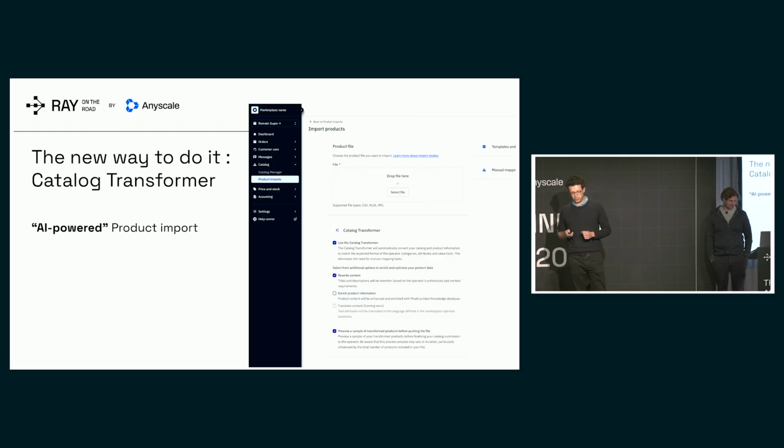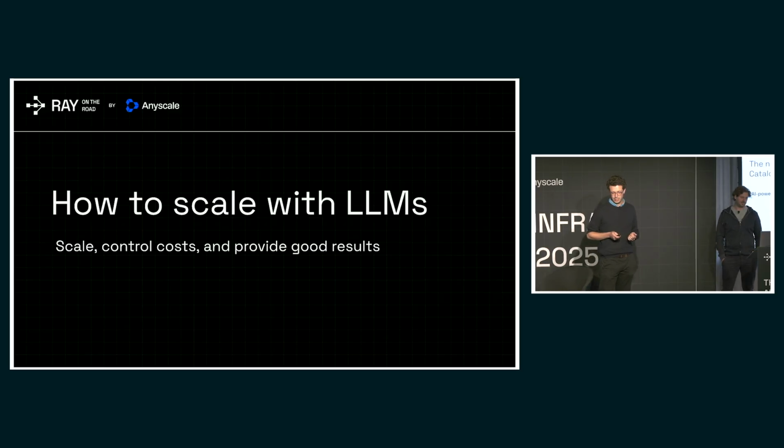But we also have other enrichments. And at the end, the seller can choose to preview the result of the transformation. He will have the product listing put into the marketplace format and still be able to do some manual correction, but we expect the process to be 99% done. So that's the Catalog Transformer.